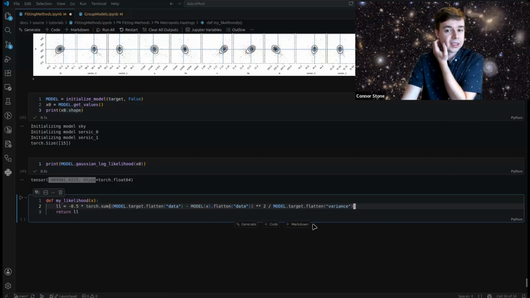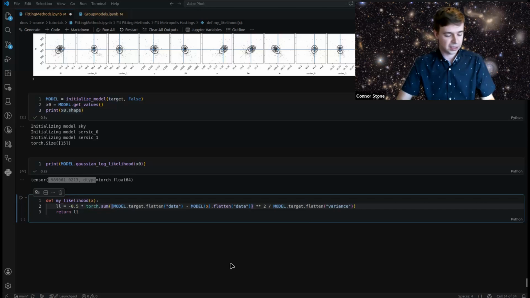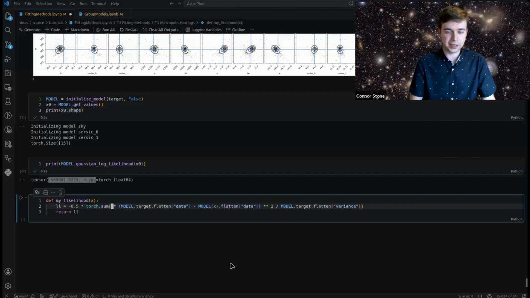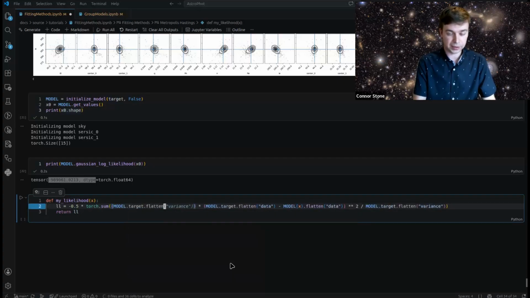And keep in mind that some pixels we maybe don't want to analyze. We've masked them. So the simplest thing to do is to just multiply that in. Model dot target dot flatten mask.